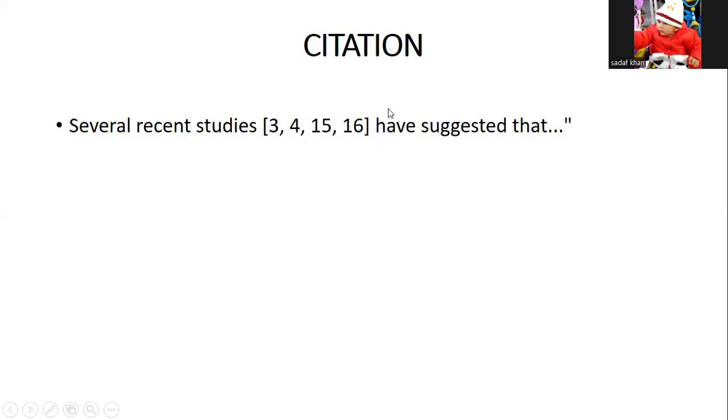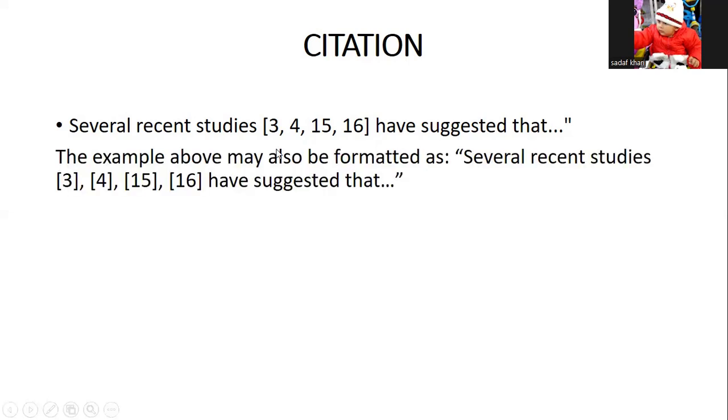So several recent studies you have mentioned here have suggested that, and whatever you have to write, you can mention ahead. The example above may also be formatted as several recent studies, or if you want, you may write it this way: separately you mention 3, then comma, then 4, then comma, then separately 15, comma, and then 16.